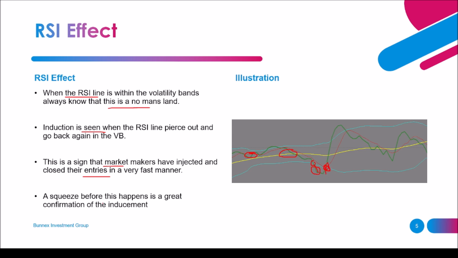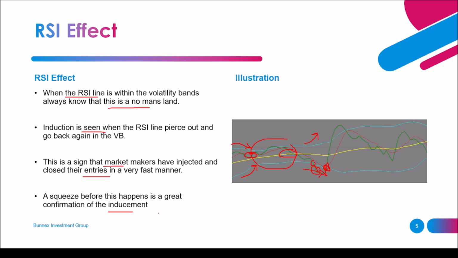So a squeeze of the TDI before this happens is a great confirmation of inducement, meaning that you can see in this case the volatility bands are going towards each other, squeezing, and you can see expansion that was issued here.